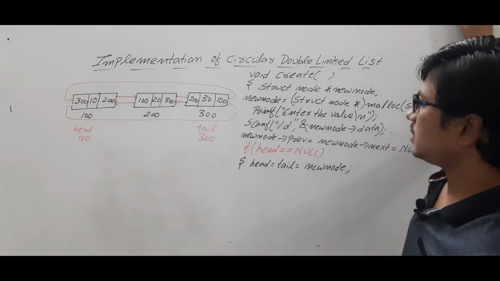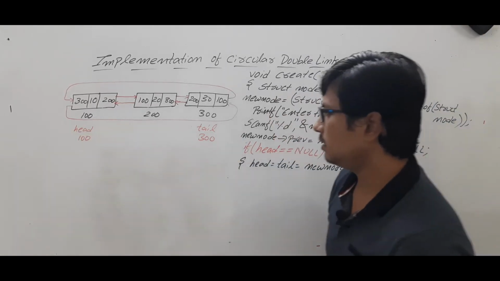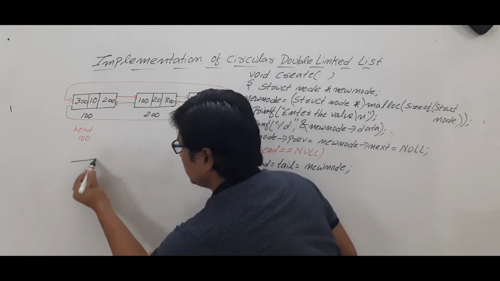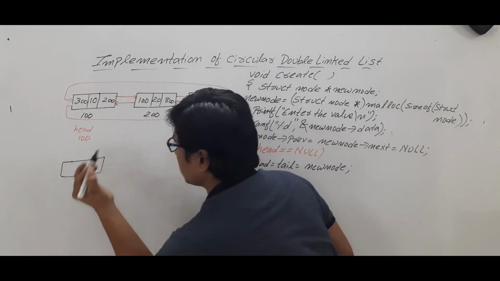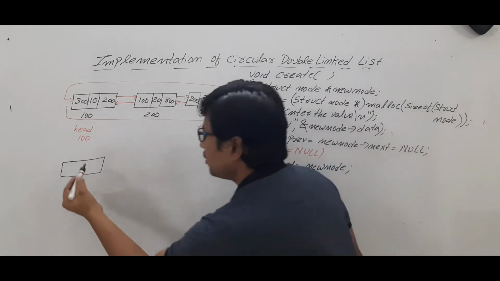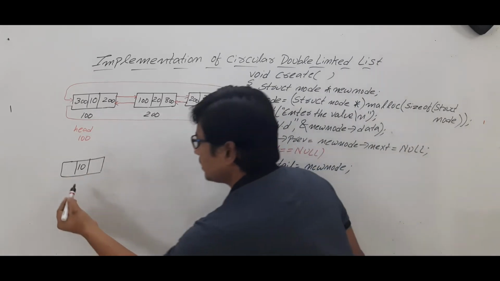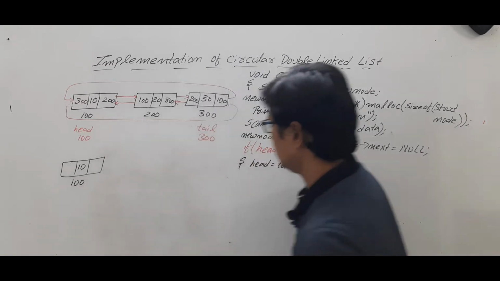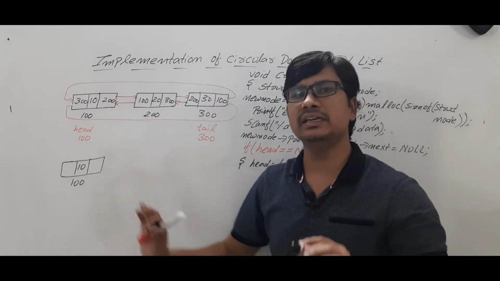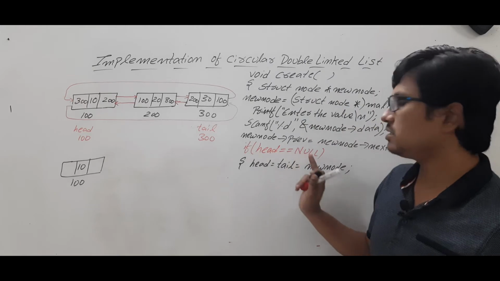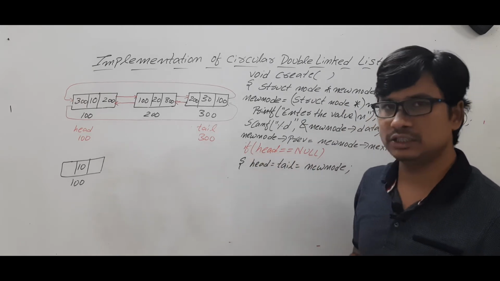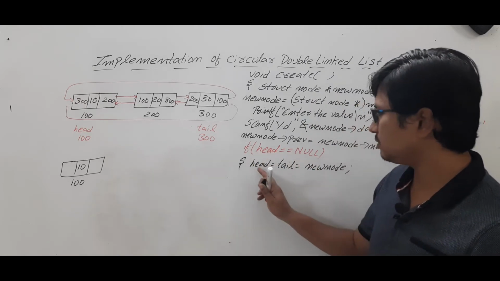Now let's take that the first node is there. You have inserted the value, let's take 10, and it is in the address location 100. So now head and tail are equal to null. So head is equal to null, the condition is true. If the condition is true, what have we written?